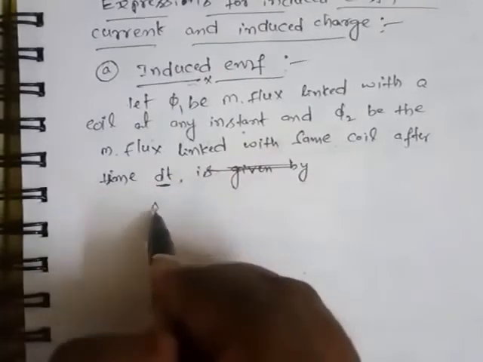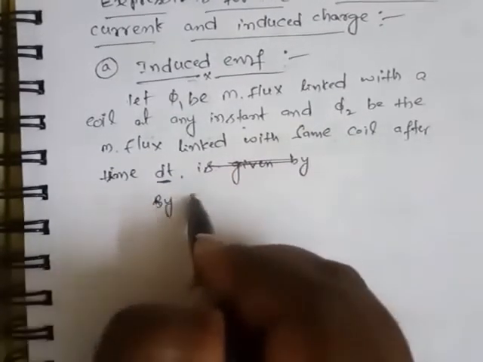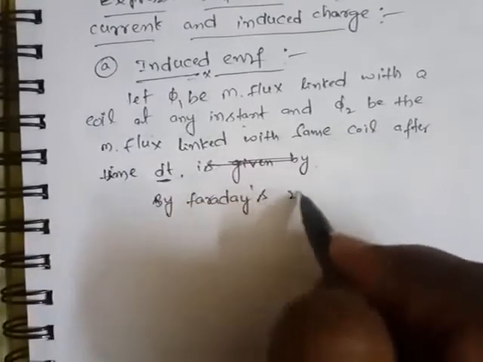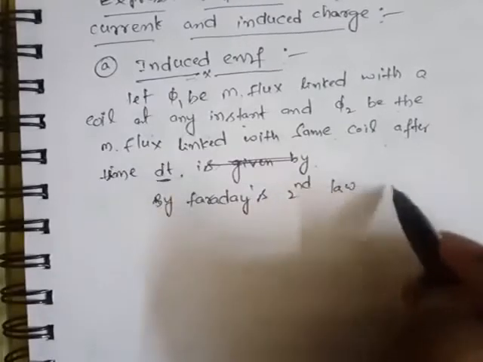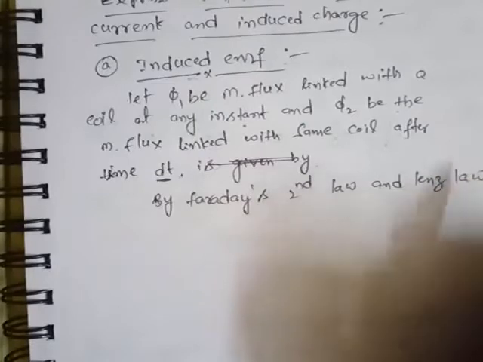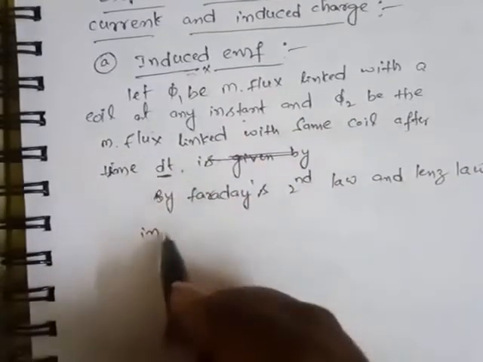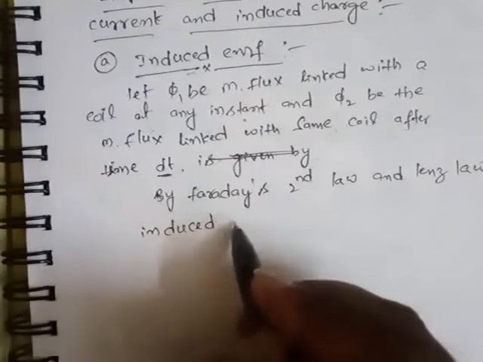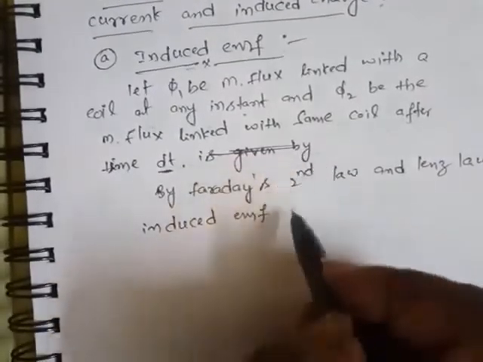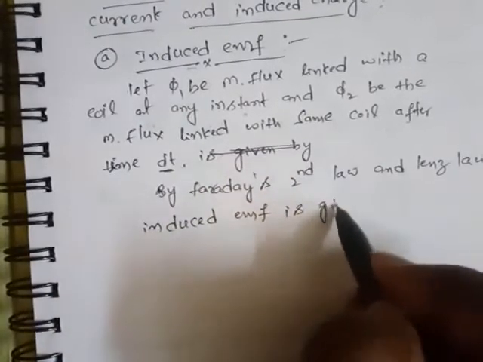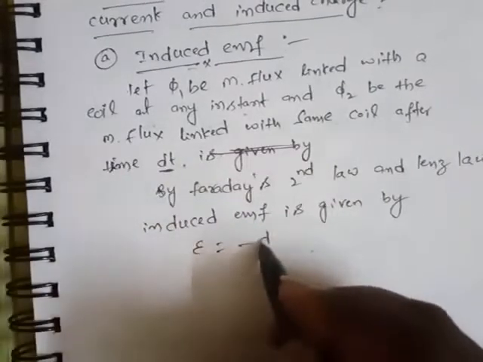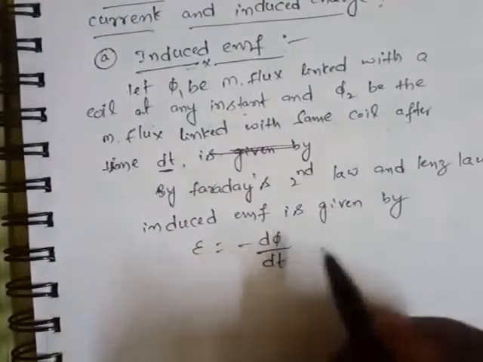So we know by Faraday's second law and Lenz law, the induced EMF is given by E is equal to minus d phi by dt.